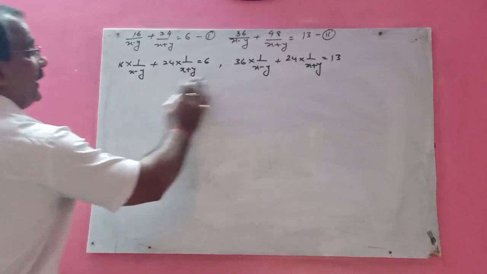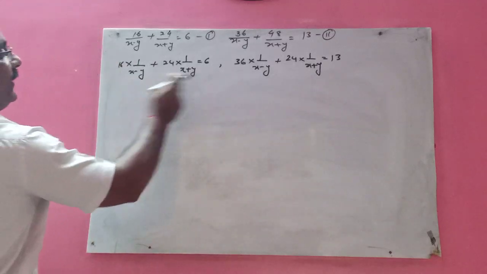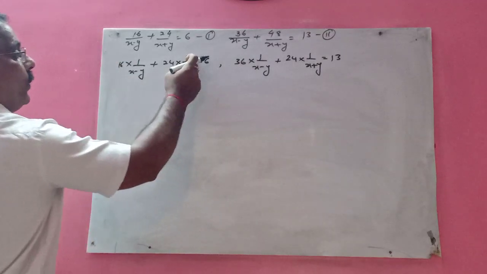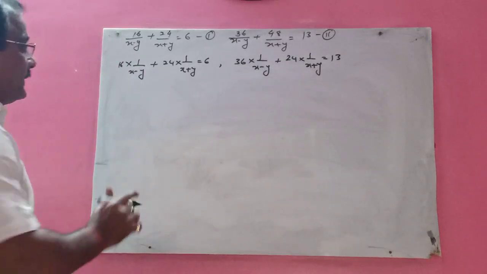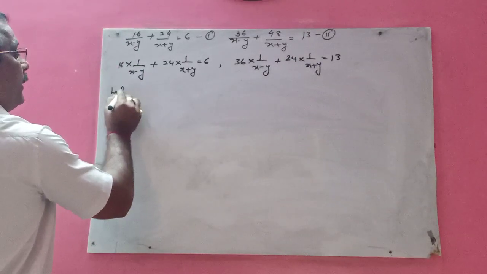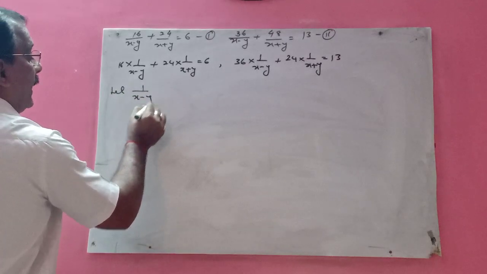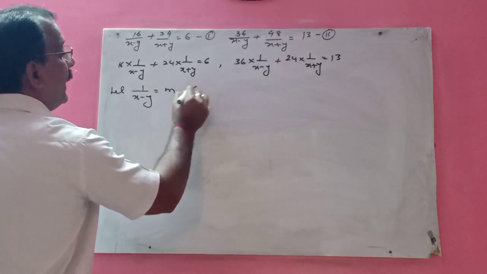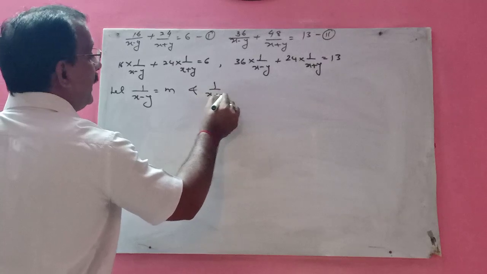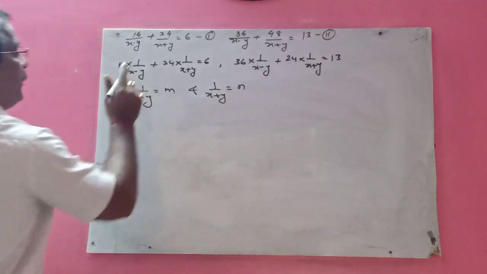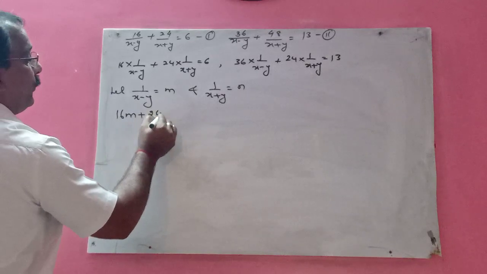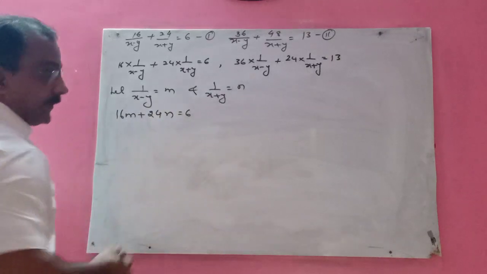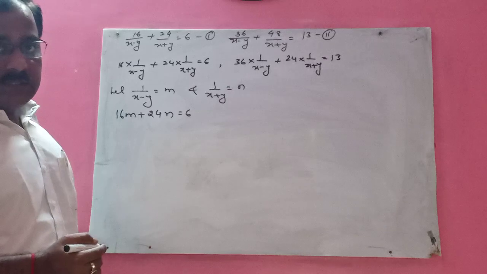Now you can see in both equations, children, we have 1 upon x minus y and 1 upon x plus y. So we will replace these. Let 1 upon x minus y be m and 1 upon x plus y be n. So this will become 16m plus 24n is equal to 6.